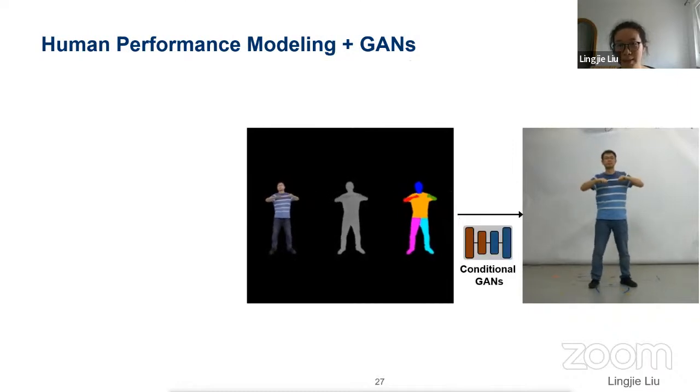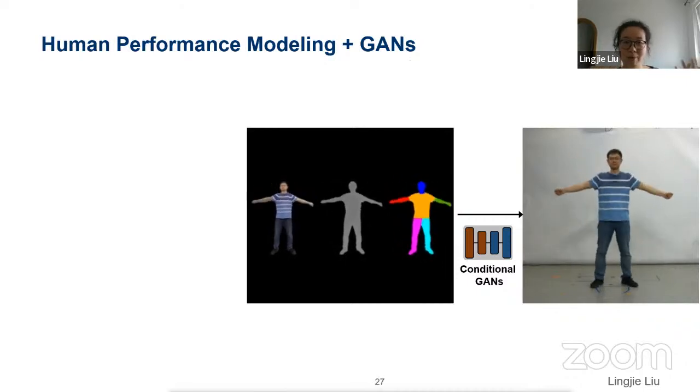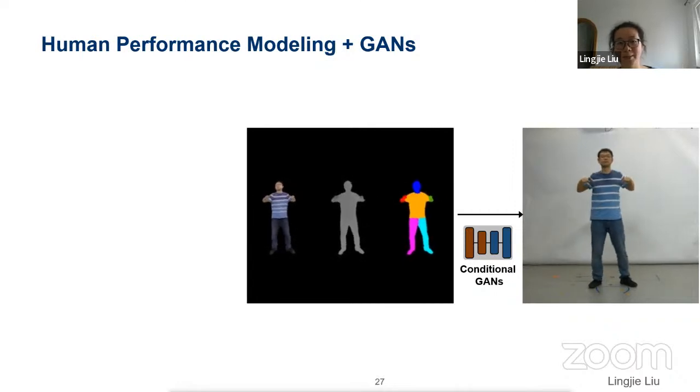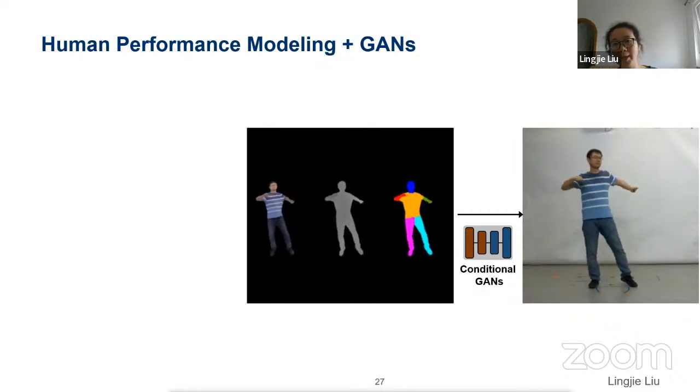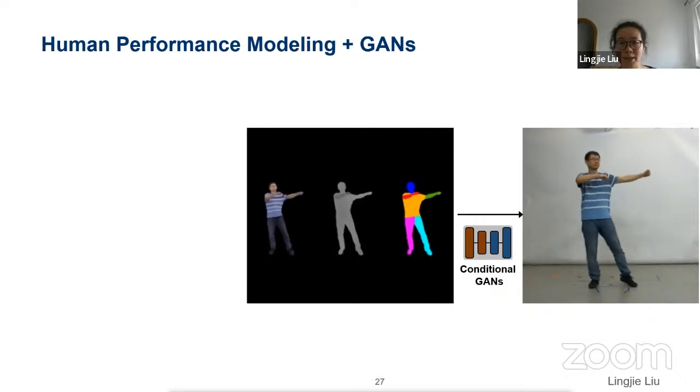Next, we render these animated meshes in different modalities like rendered textures, depth images, and segmentation masks. And then we train a conditional GAN network to translate from these low quality renderings to photorealistic renderings.